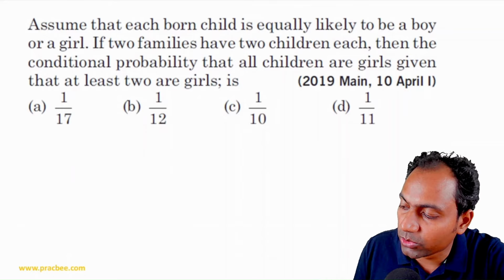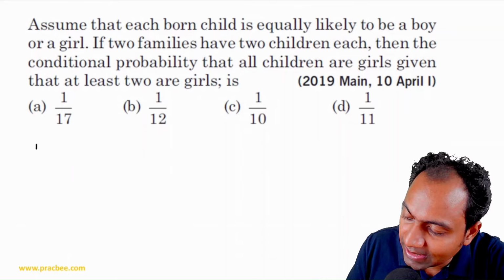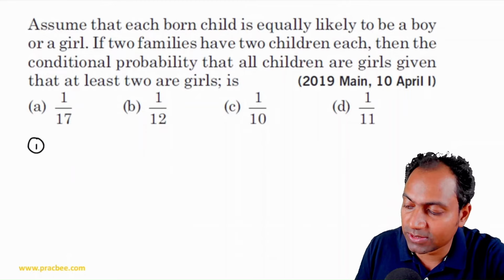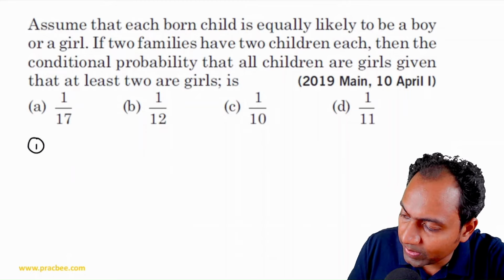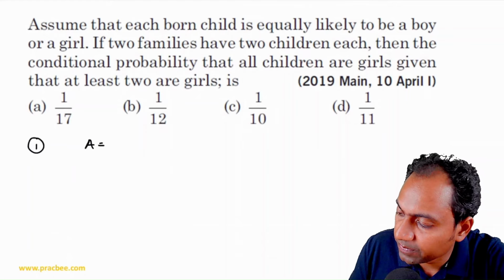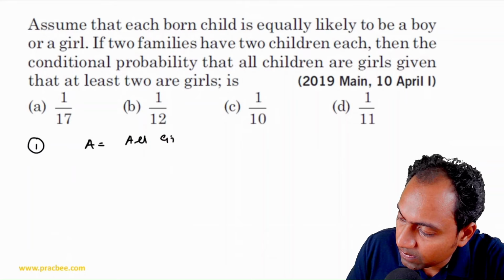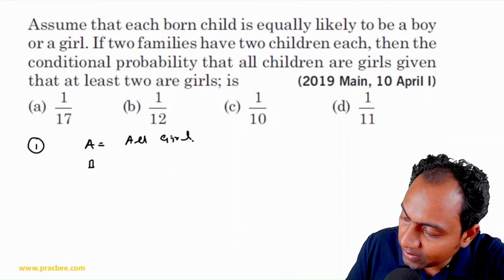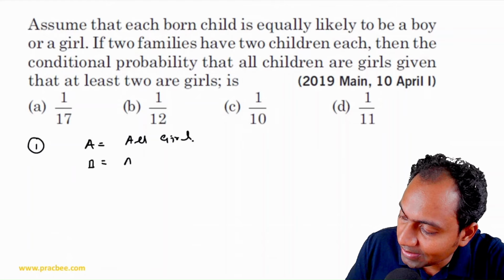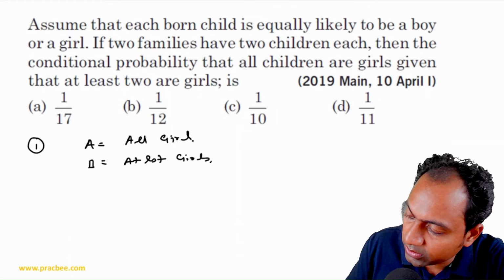All we need to do is basically first understand the sets and then apply the condition. So what they're saying is the probability of event A, that all children are girls, when an event B, that is at least 2 girls, has already occurred.